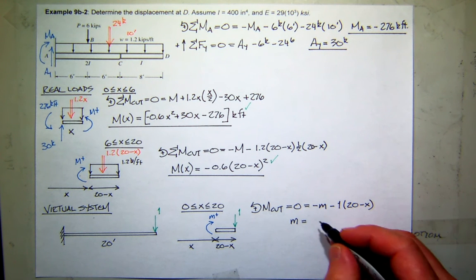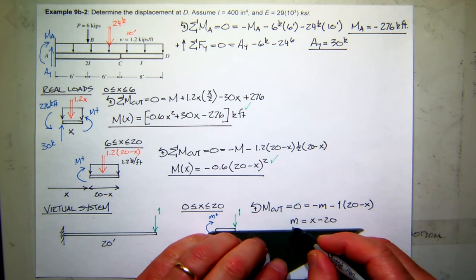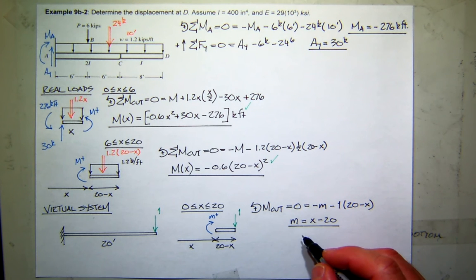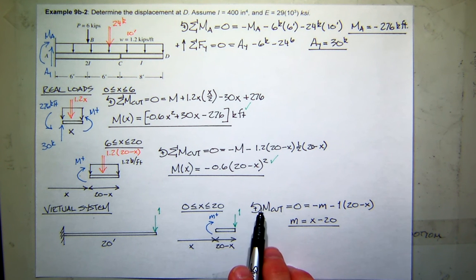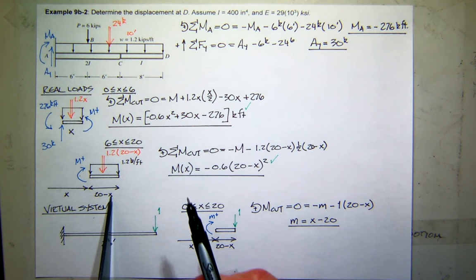If you're doing your range 0 to 20, why are we breaking it up between x and 20 minus x? I'm cutting it at x, but I work the right side, not the left side. I'm cutting it at some distance x.